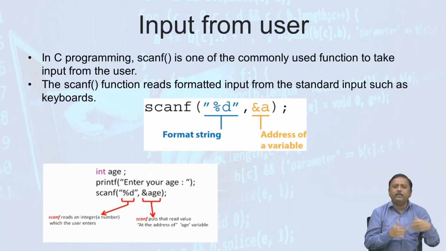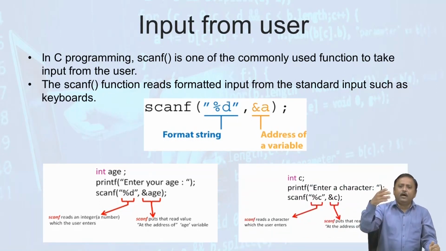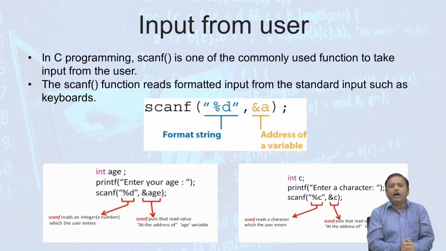You will see these functions in every program, so you need not bother, and you will eventually understand the meaning of the printf and scanf functions, right? Another example, here I want to read a character. Character means any alphabet, right?